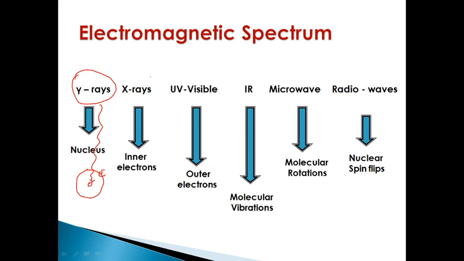And next one is X-rays. When X-rays interact with an atom, what will happen? Let us see. Here I am writing two orbits around the nucleus, simply writing the electrons.